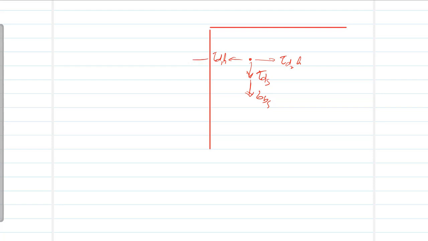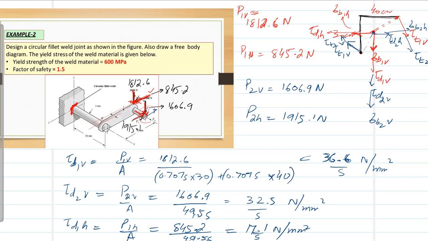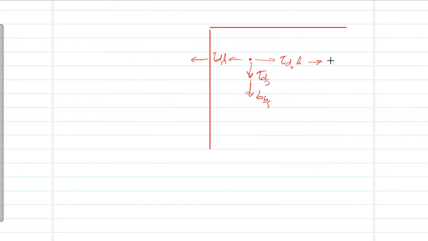We have also bending stresses here, which is sigma b2h on the right side, sigma b1h on the left side. Clear?